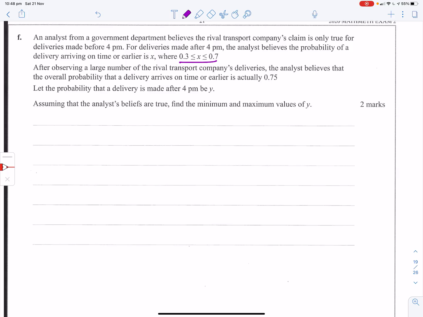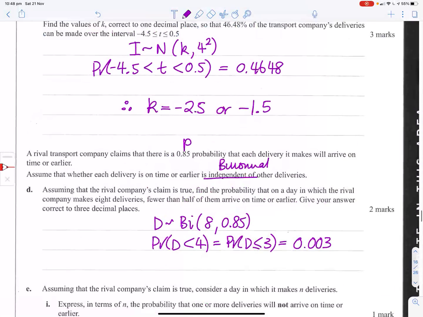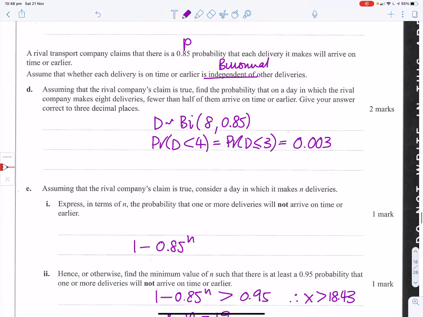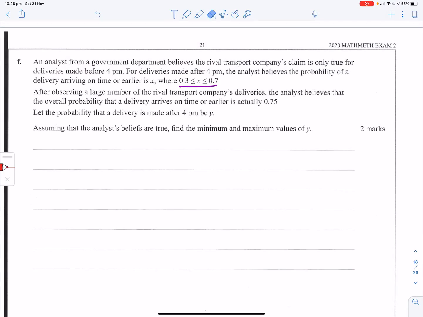Let the probability a delivery is made before 4 p.m. equal y. Okay, so they said the probability that it arrives on time is 0.85. They're saying this is only true for deliveries before 4 p.m. So we can say the probability that it's on time, given that it's before 4 p.m., is equal to 0.85.